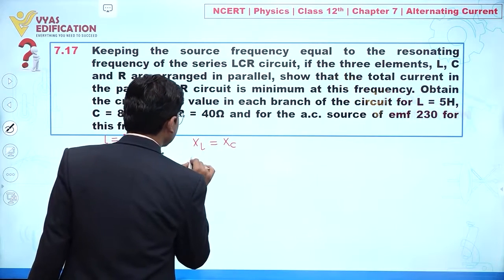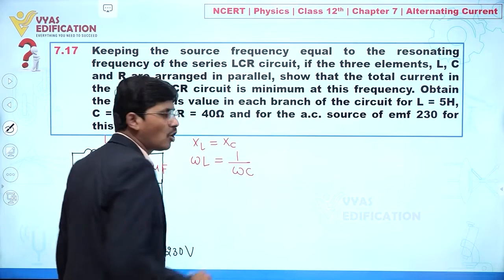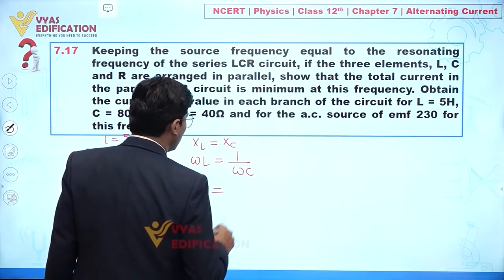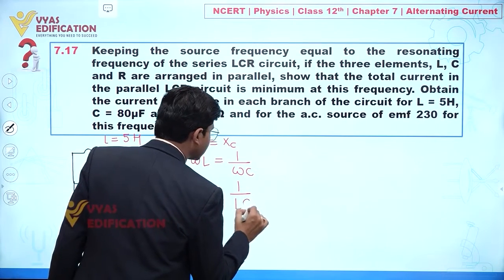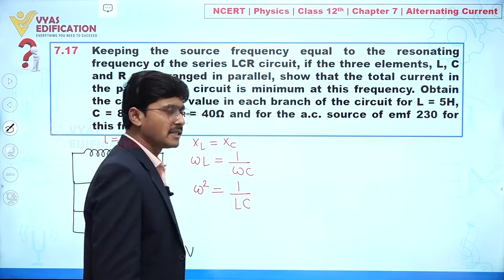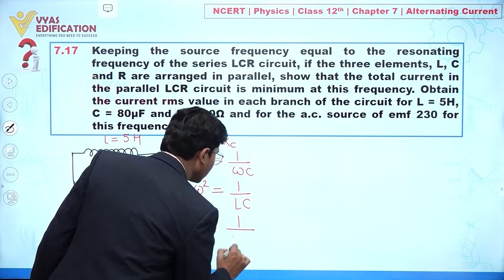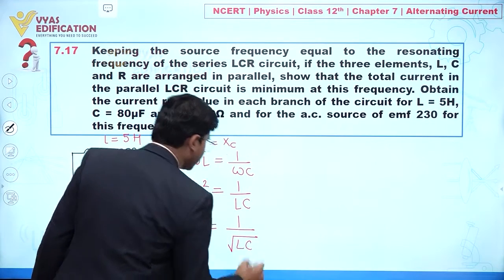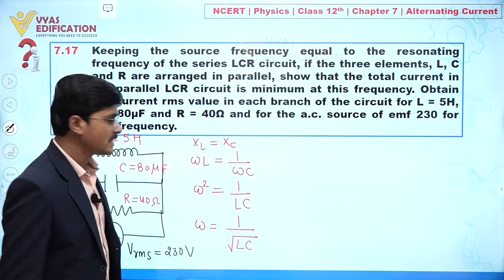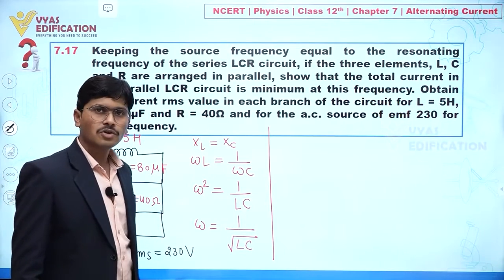Inductive reactance is given by omega L, and this should be equal to 1 upon omega C. So from here, omega square is equal to 1 upon LC, and omega is equal to 1 upon under root of LC.